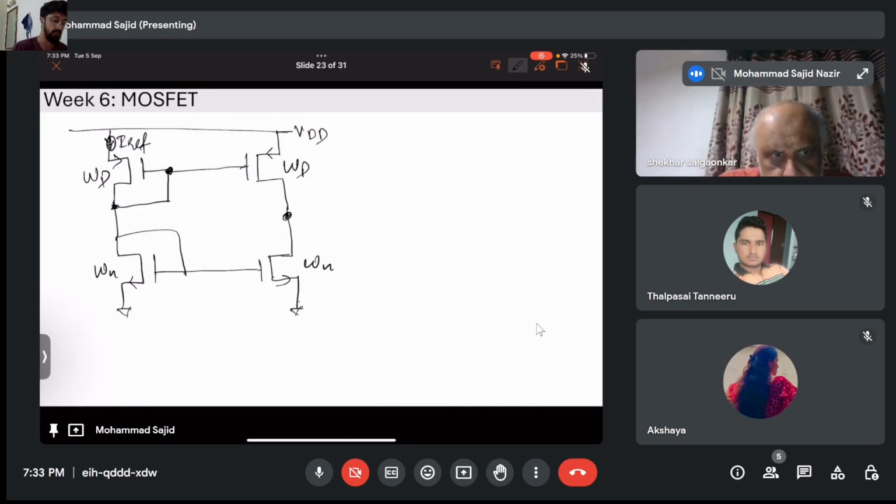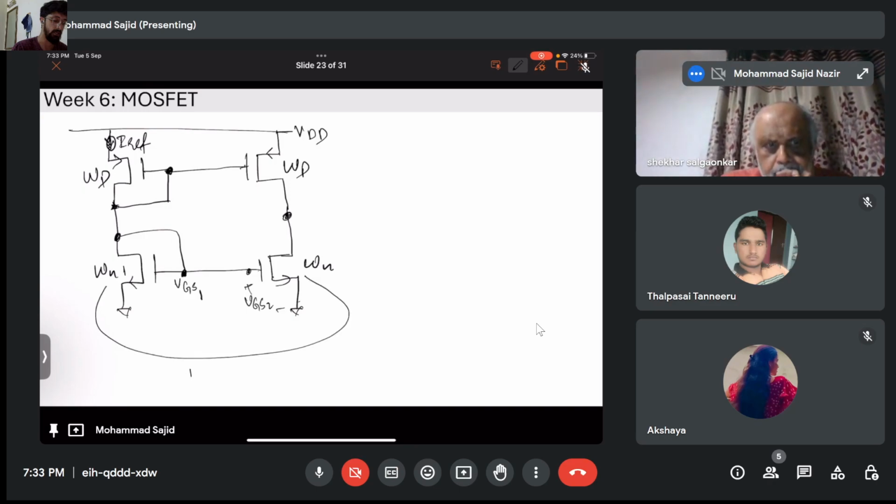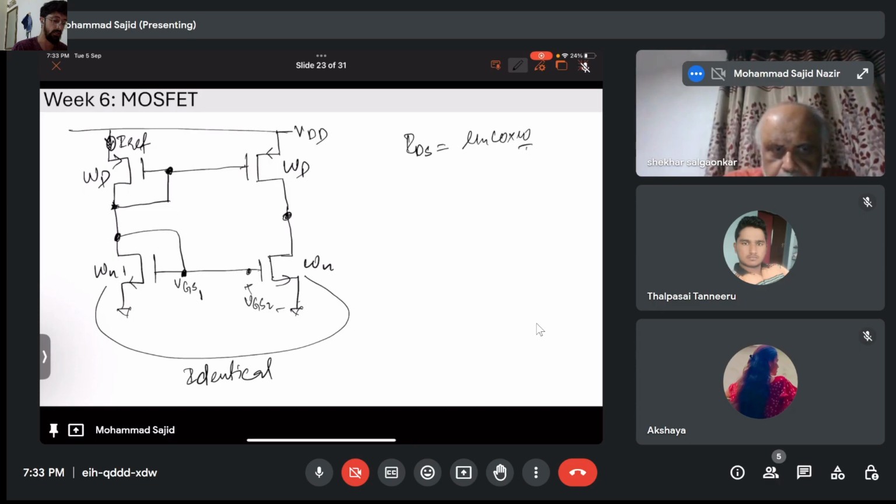This will develop some potential here, and this will develop some potential here. Let's say this is VGS 1, and this has VGS 2. Now tell me, if these two are identical, and you know the formula, right?